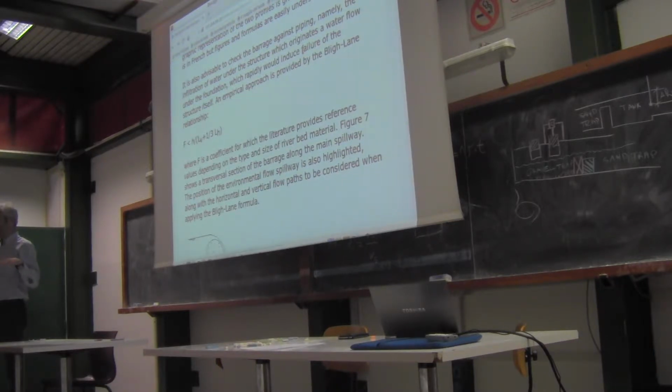The reason is that if you have water flow under a structure, the flow produces erosion, and therefore the small channels along which water flows become larger and larger. At the end of the story, piping causes the collapse of the structure. So this is absolutely to be avoided.